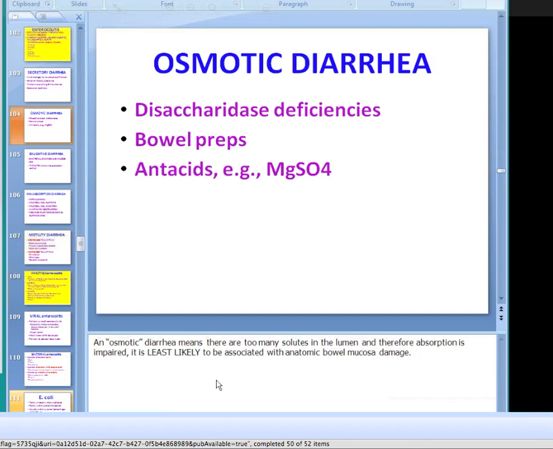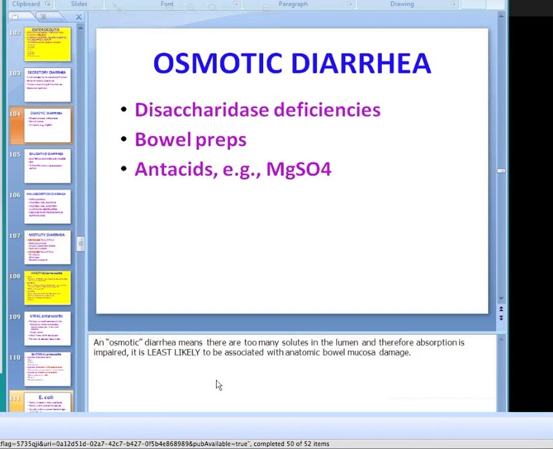And on the basis of this, that sugar is acting as an osmotic attractant to prevent water from going into the bowel, and therefore you're having a diarrhea on the basis of an increased amount of solutes in the gastrointestinal system. Similarly, there's a lot of electrolytes in bowel preps and antacids, and so forth, especially magnesium sulfate.